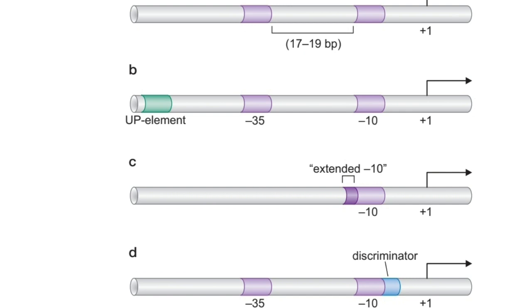Out of these, the -10 and -35 elements are the two important hexameric consensus sequences because they are responsible for the recognition of the promoter, and those promoters with sequences closer to the consensus are generally stronger.